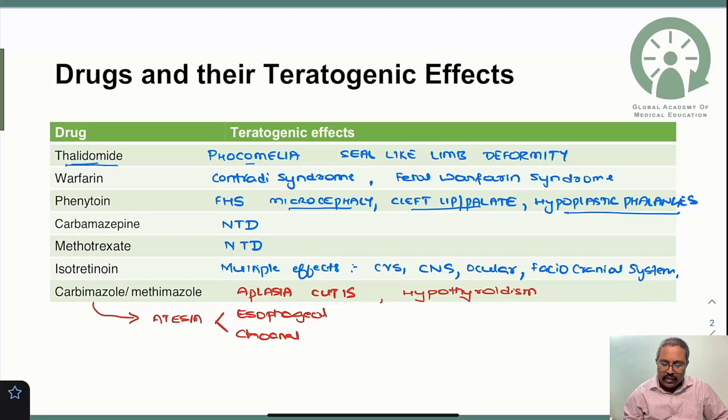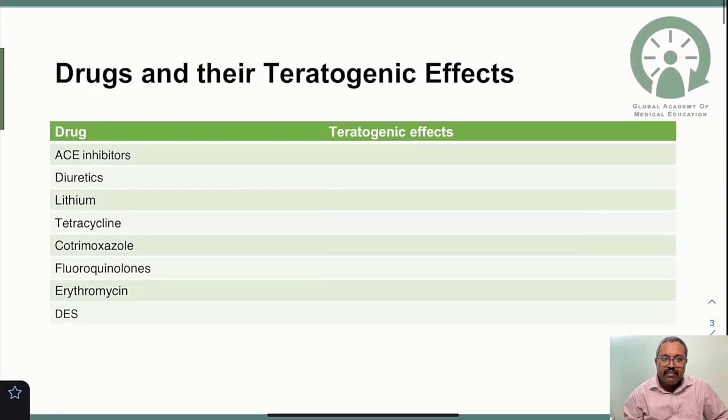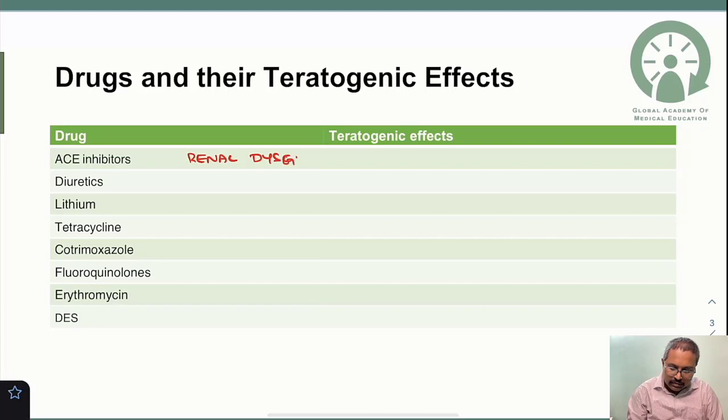So we'll move on to the next drug which can cause some teratogenic effect. So we have ACE inhibitors, that is angiotensin converting enzyme inhibitors. These drugs can cause mainly renal dysgenesis, abnormality in the renal development, and also abnormal growth.